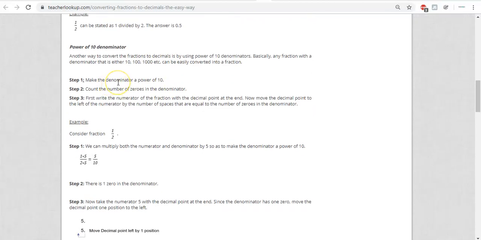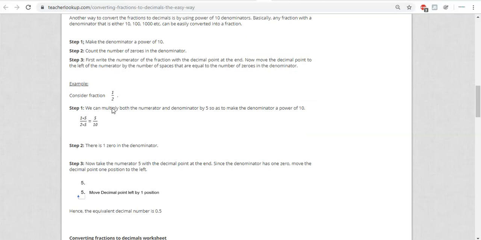Make the denominator a power of 10. Step 2. Count the number of zeros in the denominator. Step 3. Write the numerator of the fraction with the decimal point at the end. Move the decimal point to the left of the numerator by the number of spaces equal to the number of zeros in the denominator.